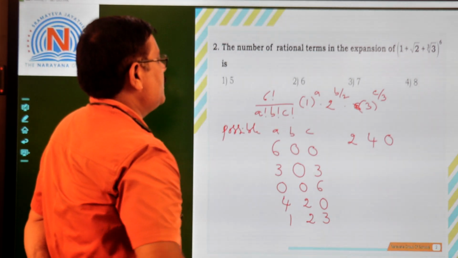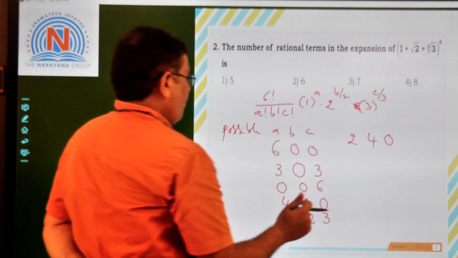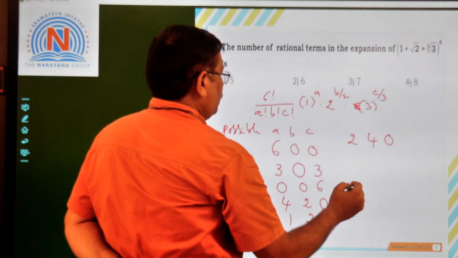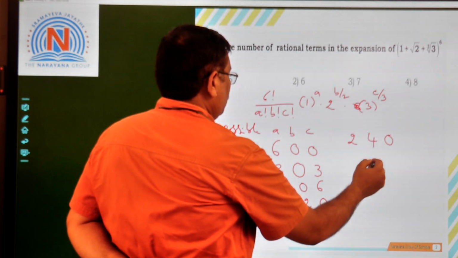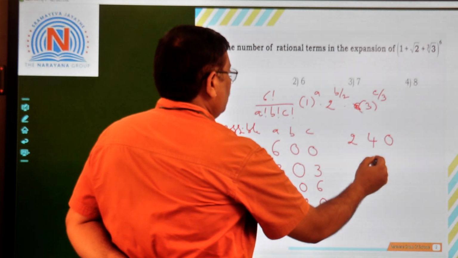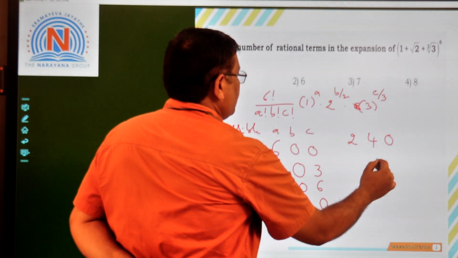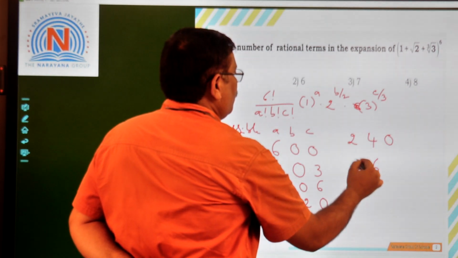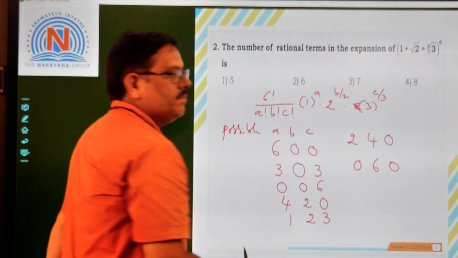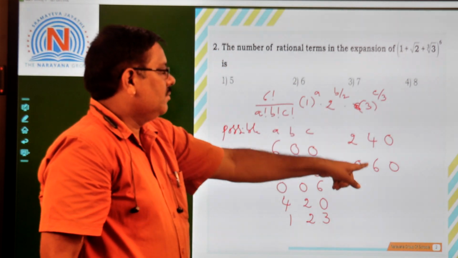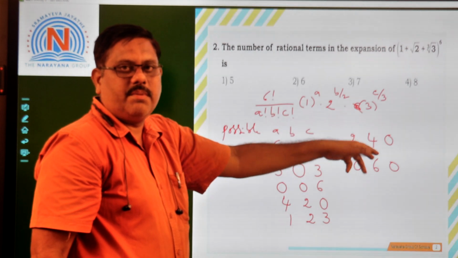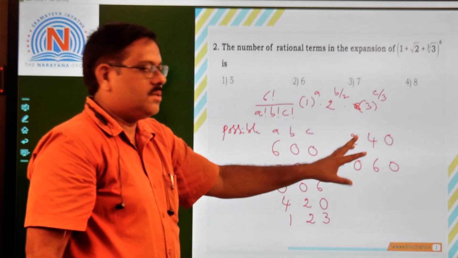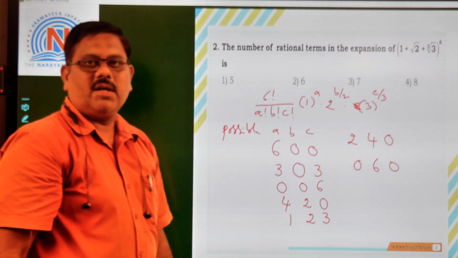Any other possibility? Let us see. Yes, if you take b as 6, this as 0 and this is 0, it is a possibility. Yes, because b by 2, if you take b value as 6, that is b by 2 is 3, that is a possible value, then 0, 0 are possible values for a and c.